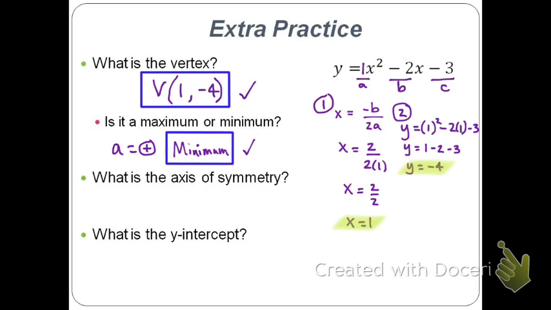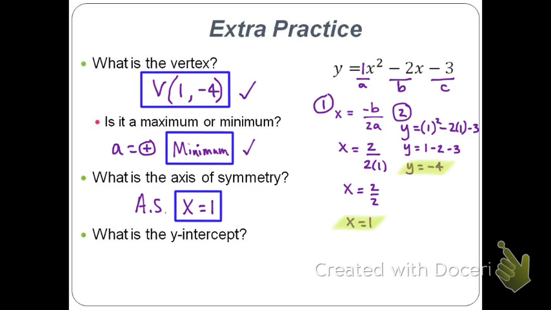What is the axis of symmetry? We already found that, actually. I highlighted that. The axis of symmetry is x equals 1. So that's answer part 3 here. And what's the y-intercept?